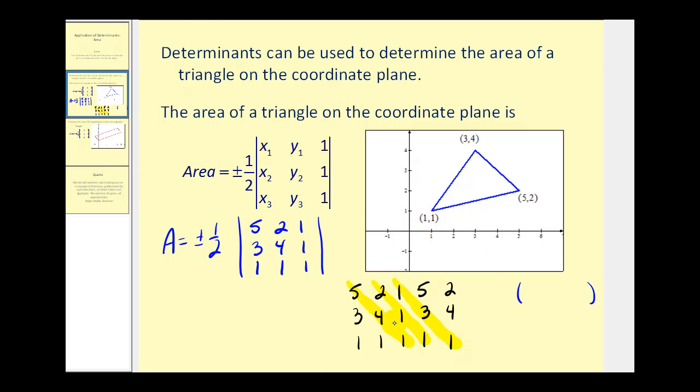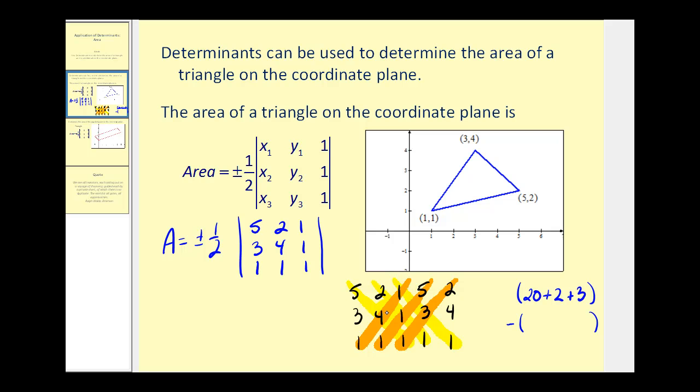So we'll have 5 times 4 times 1, that's 20, plus 2 times 1 times 1, that's 2, plus 1 times 3 times 1, that's 3, and then we'll subtract the product of the diagonals that start from the right and move to the left. So we'll have a product here, here, and here.